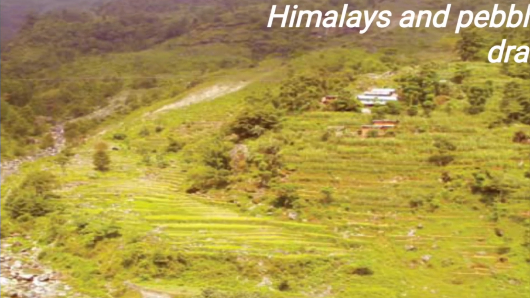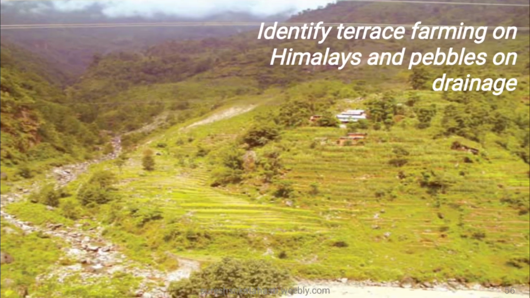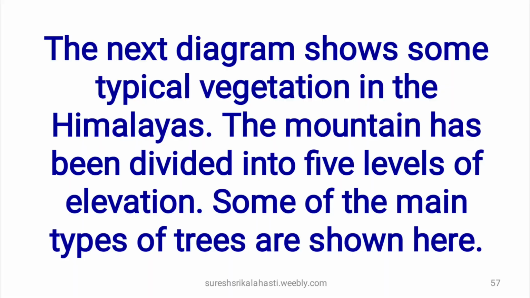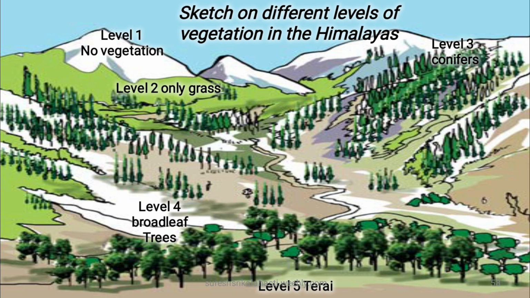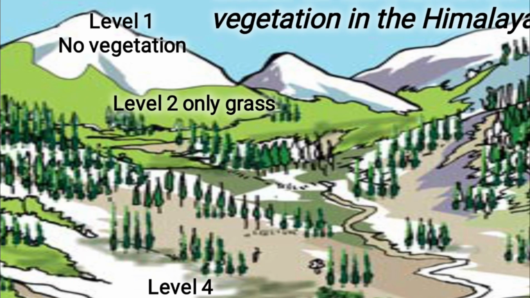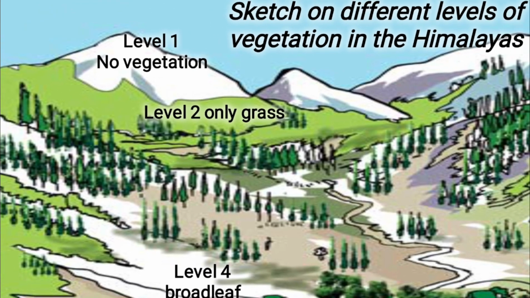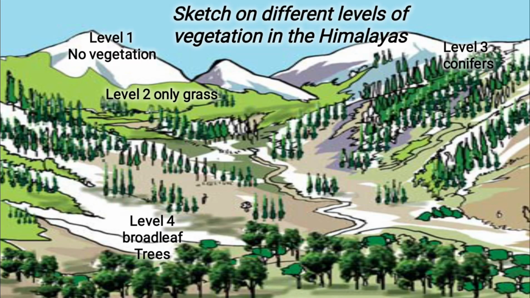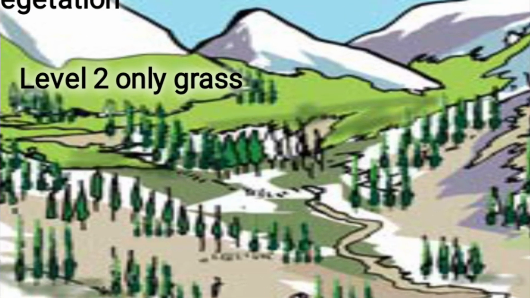So observe the terrace forming also. See here the five levels of different vegetation we can observe in the Himalayas. In level 1, there is no vegetation, there are no trees also. And in level 2, only grass we can observe here.